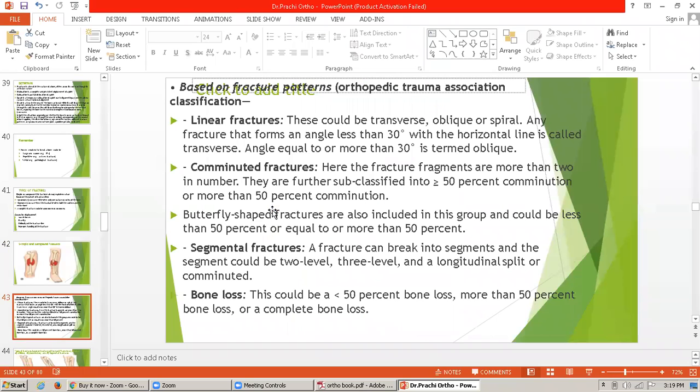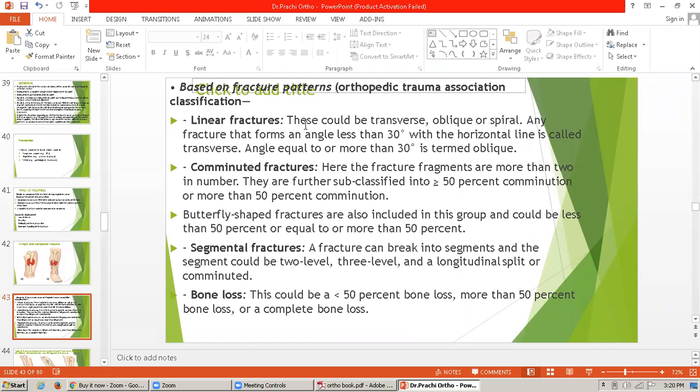Okay. So, based on the fracture pattern, that is the Orthopedic Trauma Association classification, there are the linear fractures, comminuted fracture, segmental fracture and bone loss.